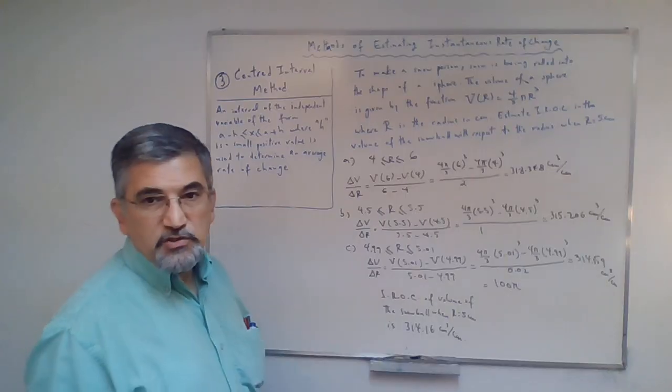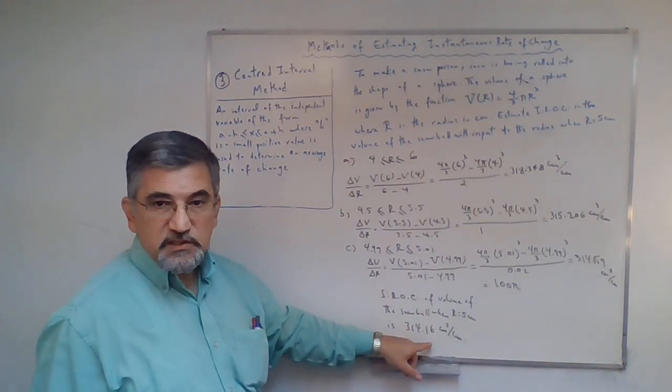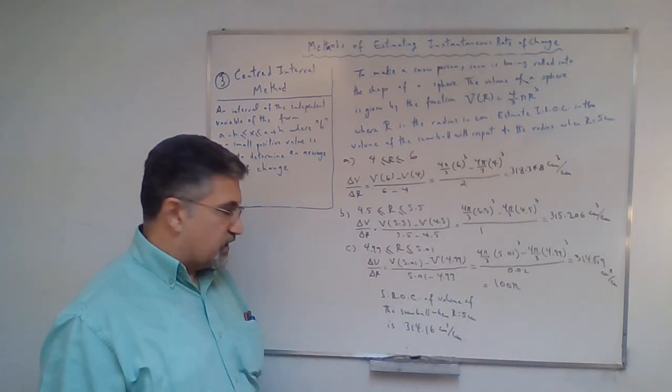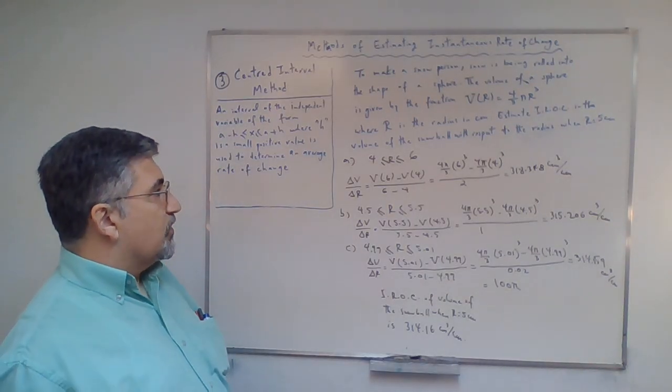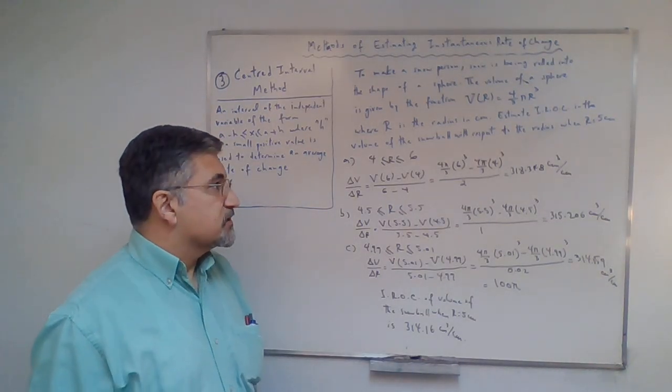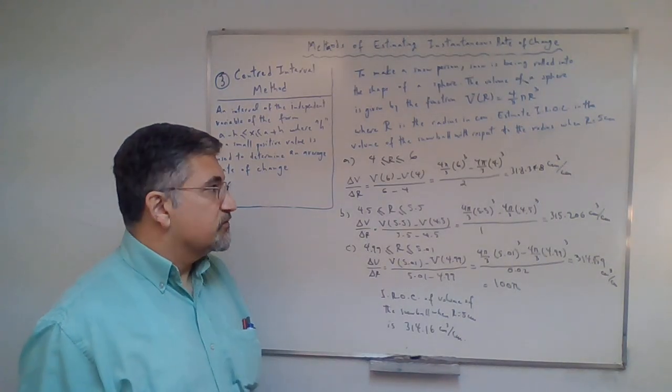But we don't need that much accuracy. We're just estimating. So 314.16 is a pretty good answer, and that will be the rate of change of the volume of the snowball with respect to the radius at that instant when r is equal to 5 centimeters.